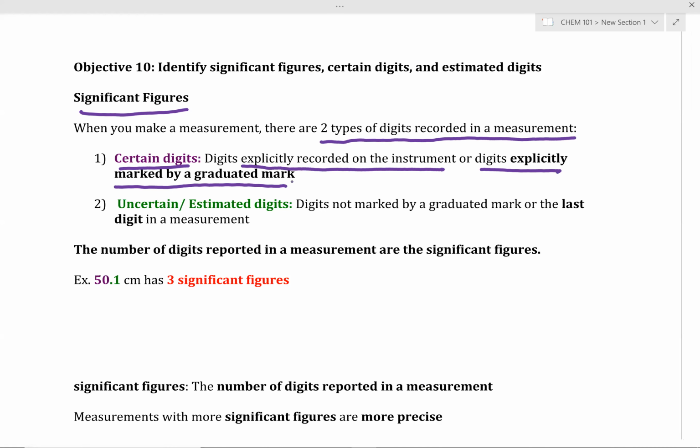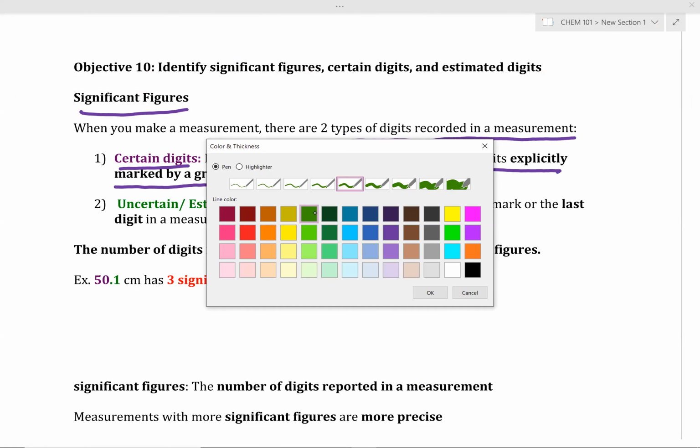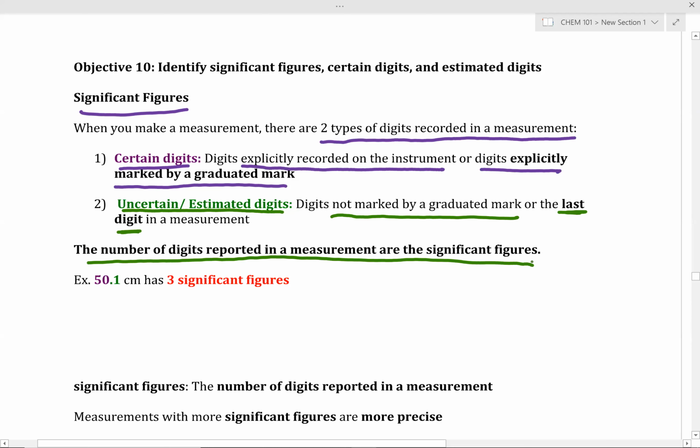The other subclass of digit is known as an uncertain digit. The uncertain or estimated digits are digits not marked by a graduated mark, and the estimated digit is always going to be the last digit in a measurement. The total number of digits reported in a measurement are the significant figures.